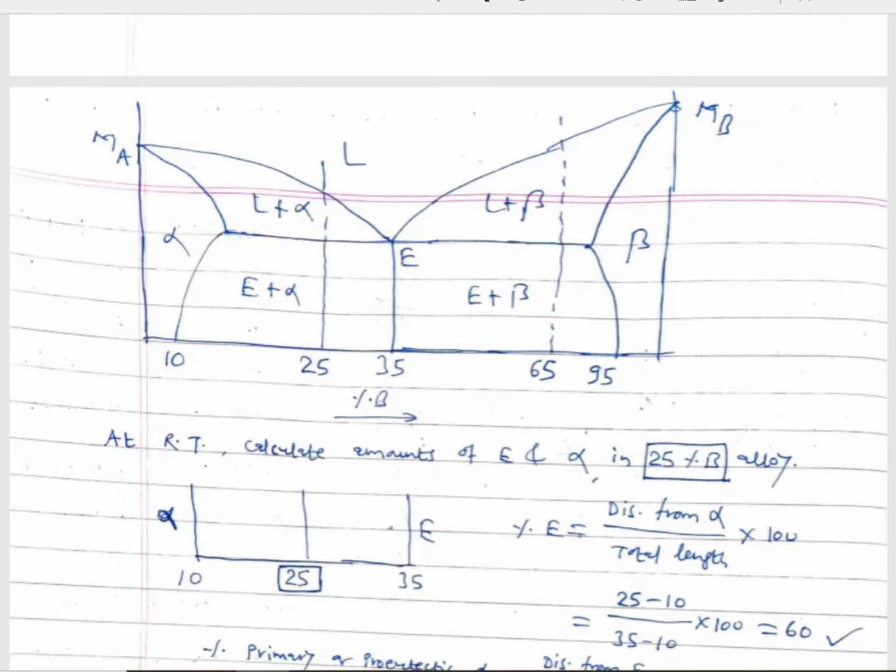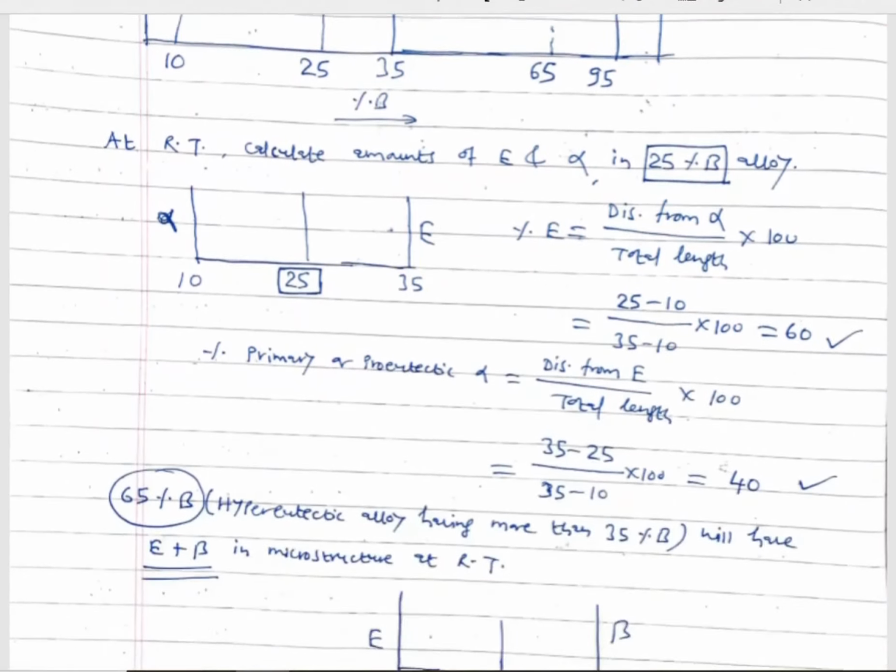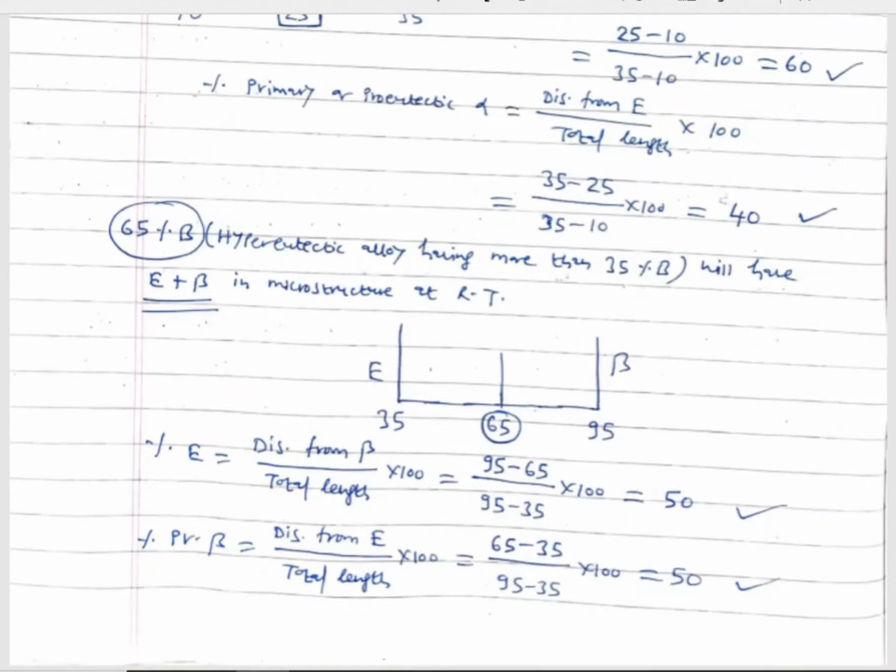So on the right hand side, now you have to shift the lever rule. For 65% B, phase composition 65, beta boundary 95, E boundary 35. So percentage eutectic, distance from beta, the opposite arm length, is 95 minus 65 divided by total arm length 95 minus 35 into 100. So it is 50.